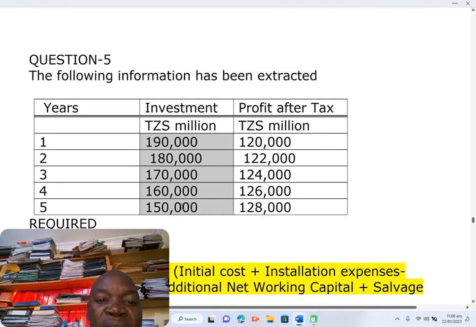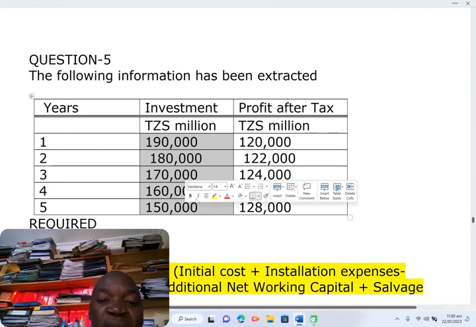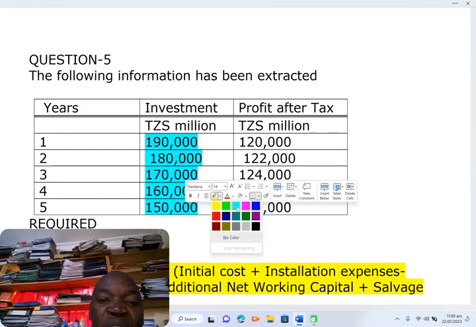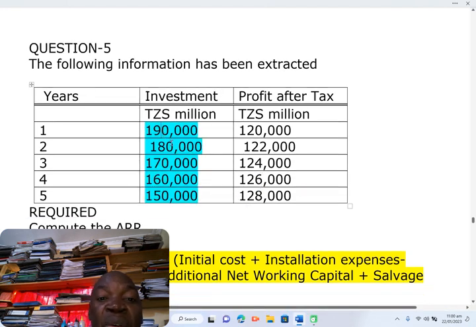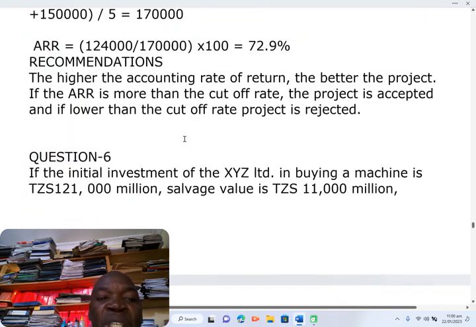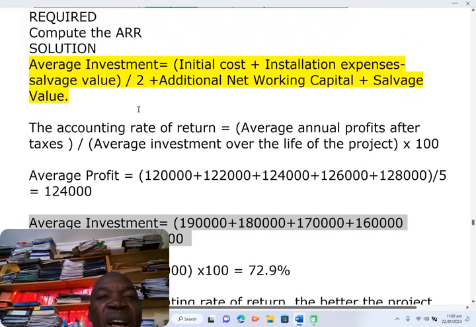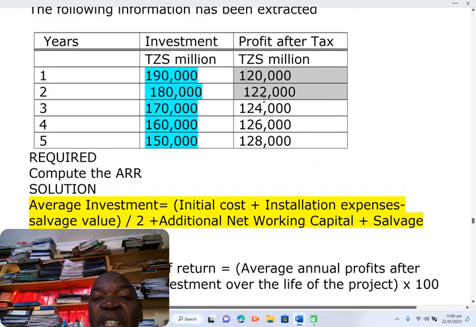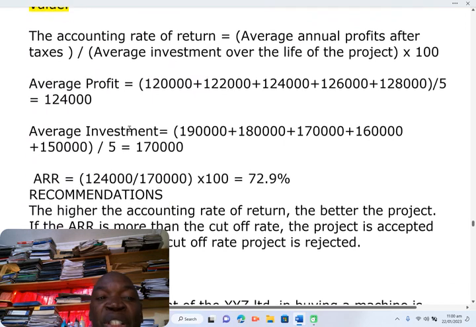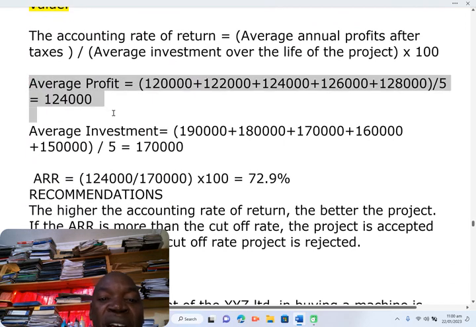So you take these investments, you sum them, and then you divide by the period itself. That is the average investment. Again, this after tax profit, you sum them and divide by the duration as indicated here.